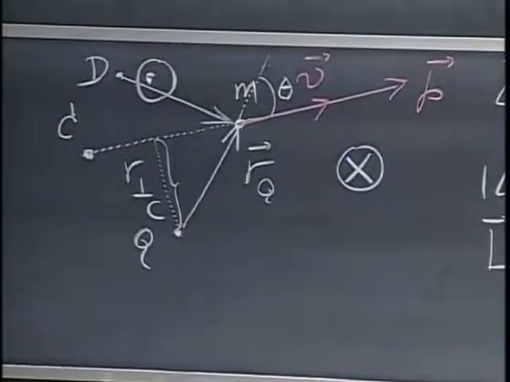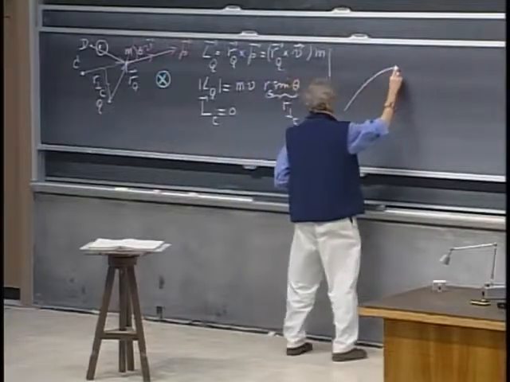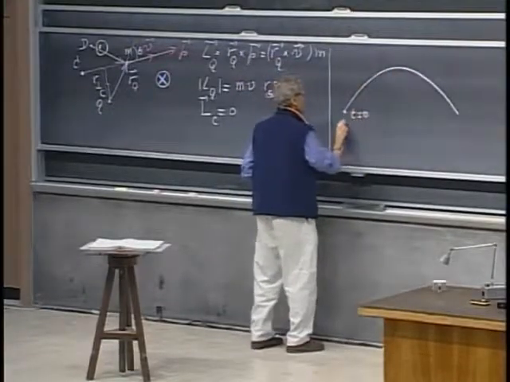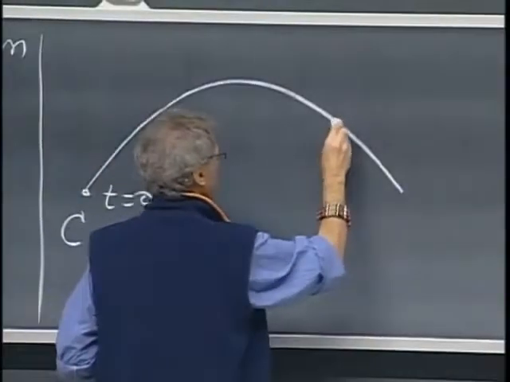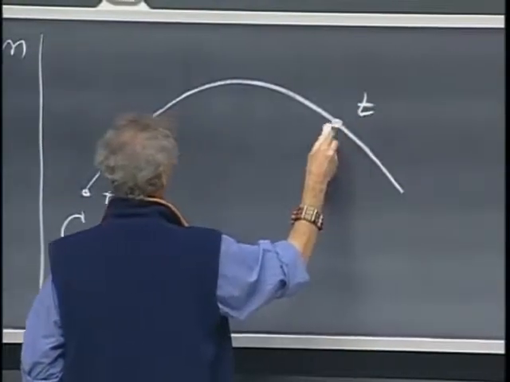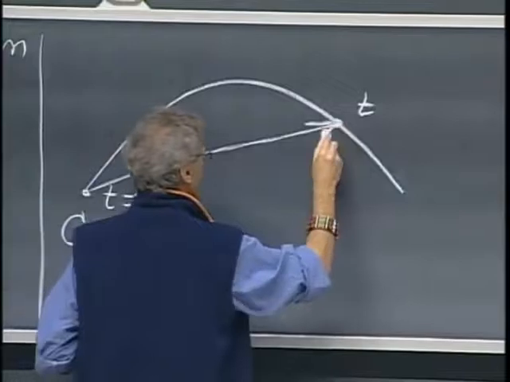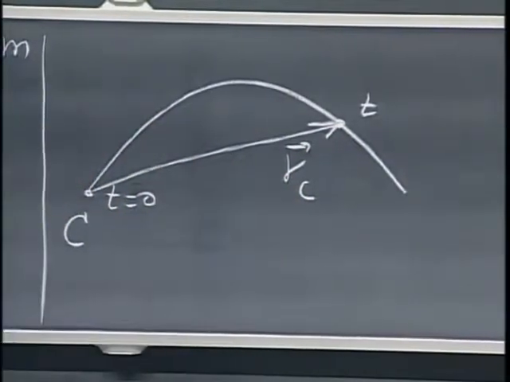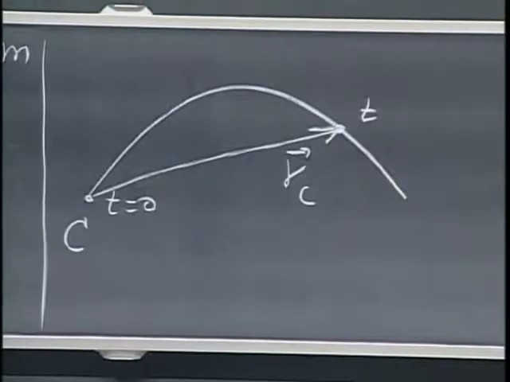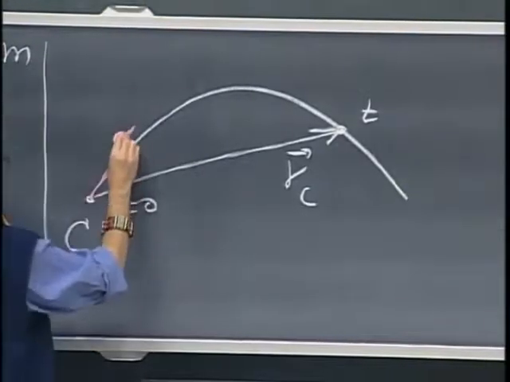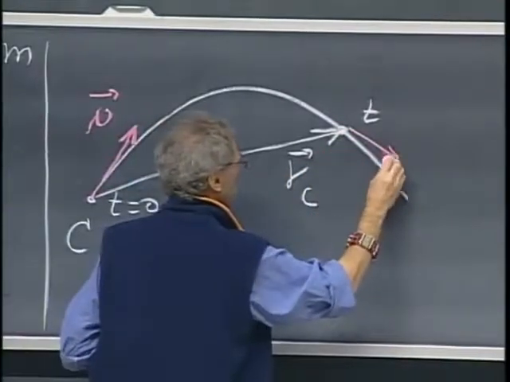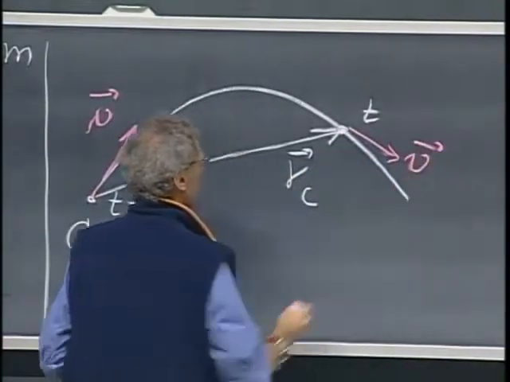Suppose I throw up an object, 26.100, and at time t equals 0, the object is here, and at time t, the object is there. So this then is the position vector at time t. The object starts off with a certain velocity, v, and a little later here, say, the velocity is like so.